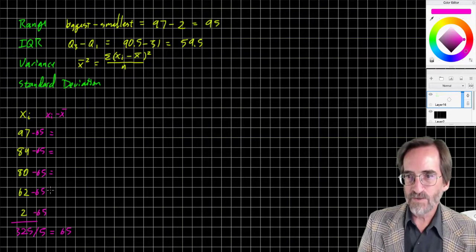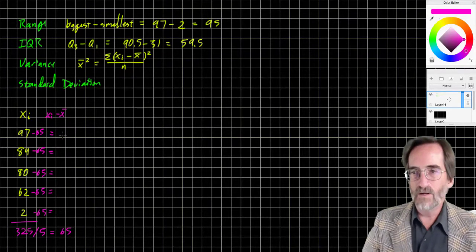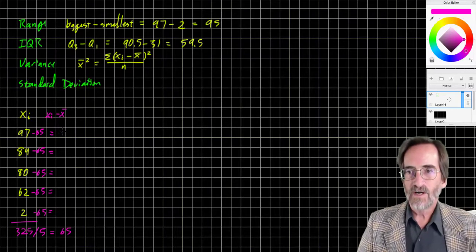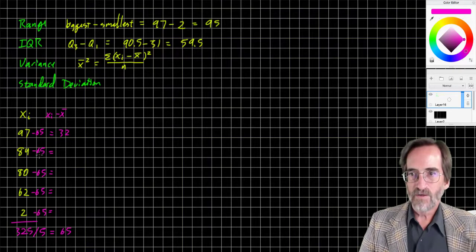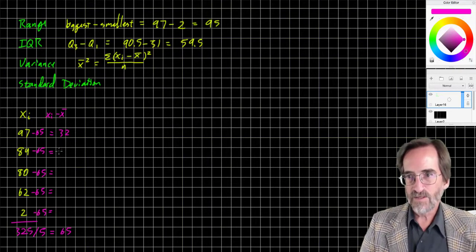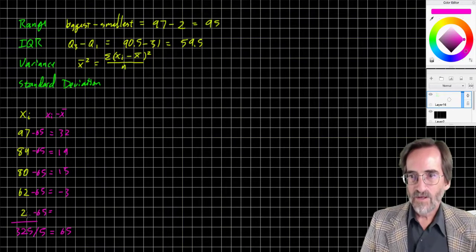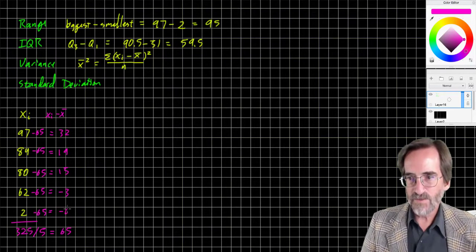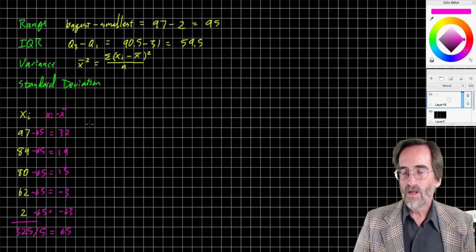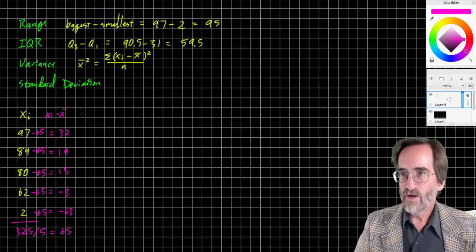Okay, so 97 minus 65 is 32. 84 minus 65 is 19. 80 minus 65 is 15. 62 minus 65 is negative 3. And then 2 minus 65 is negative 63. Now we're going to take those differences, the x sub i minus the x bar, and we're going to square them.